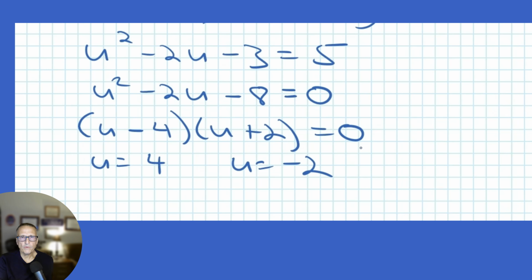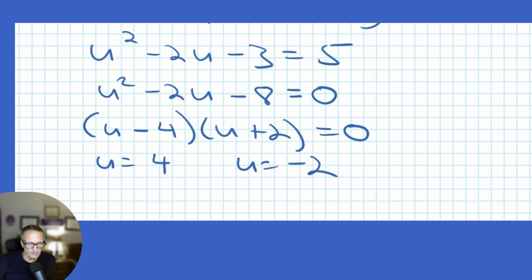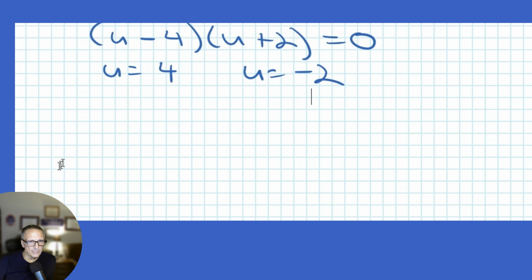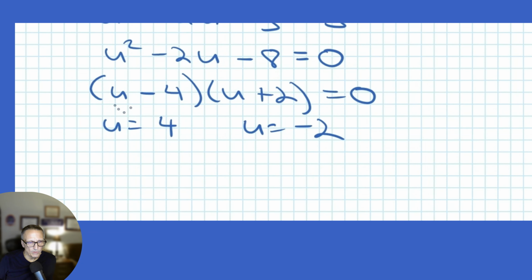But of course, we're not interested in what u is because that wasn't even a variable of the original problem. We're really interested in knowing what x is. So then I'm going to go back to the original definition for u, and I am going to set the x squared plus 6x up here equal to each one of these and create two other problems.